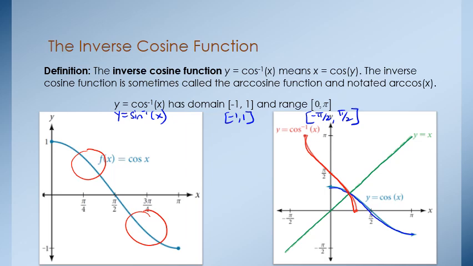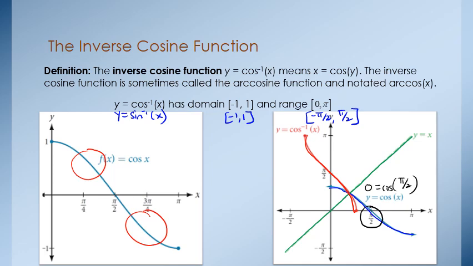So on the graph of y equals the cosine of x, one thing that we know is that at pi/2, we have a cosine of 0. So what we know is that the cosine of pi/2 equals 0.